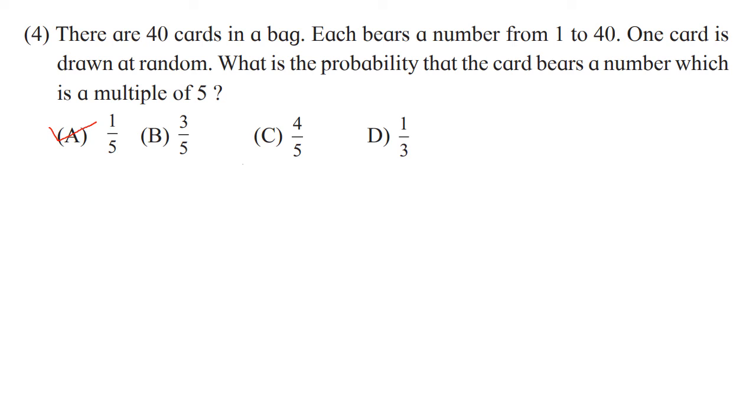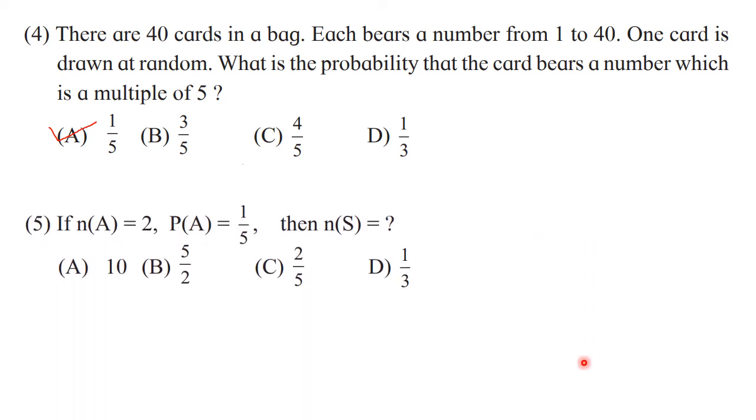Okay. Now let's go towards the last MCQ here. If n of A is 2 and P of A is 1 upon 5, then n of S is question mark. What is the n of S? So make use of the formula of P of A. P of A is n of A upon n of S. Okay.